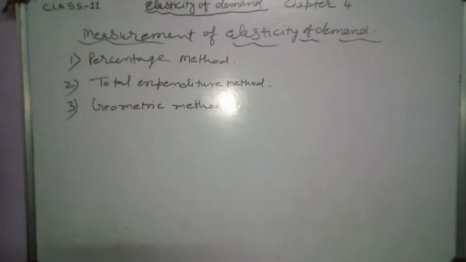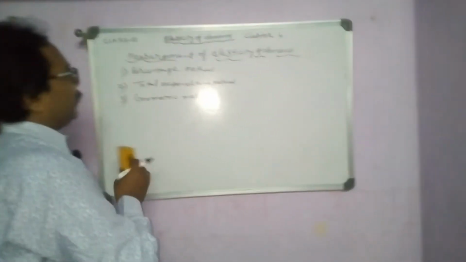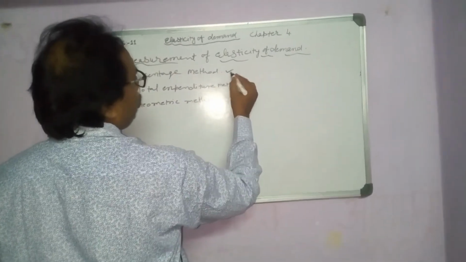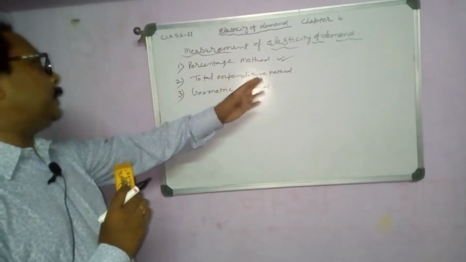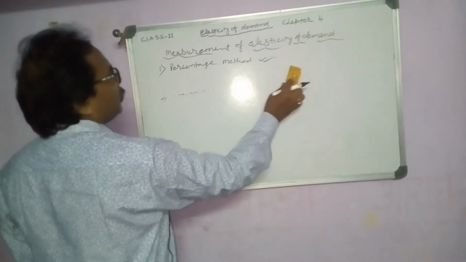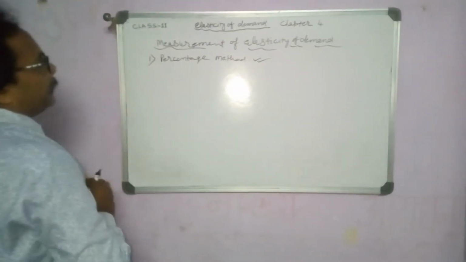Is it clear? So how can we measure the elasticity of demand? First of all, I am going to discuss the percentage method. After that, we will go through the total expenditure method and the geometric method. So first, the percentage method.